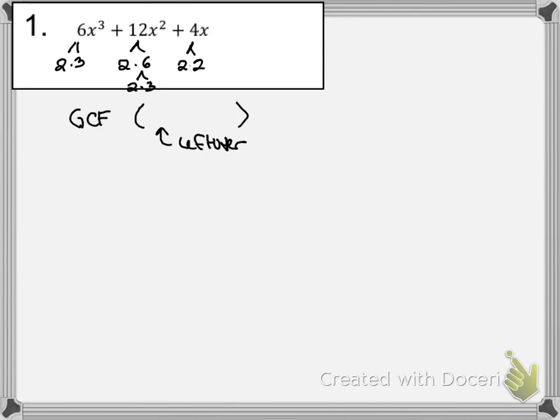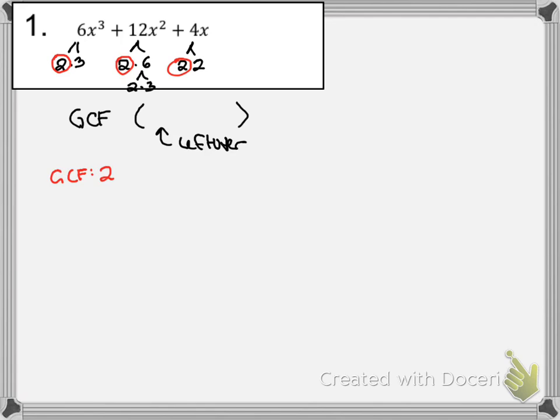But one way to figure out what the GCF is for the numbers is to draw your prime factorization tree. If that's something that works well for you, feel free to continue doing that. Remember, for the GCF, we circle all the numbers that we have in common. So far our GCF looks like it is 2.